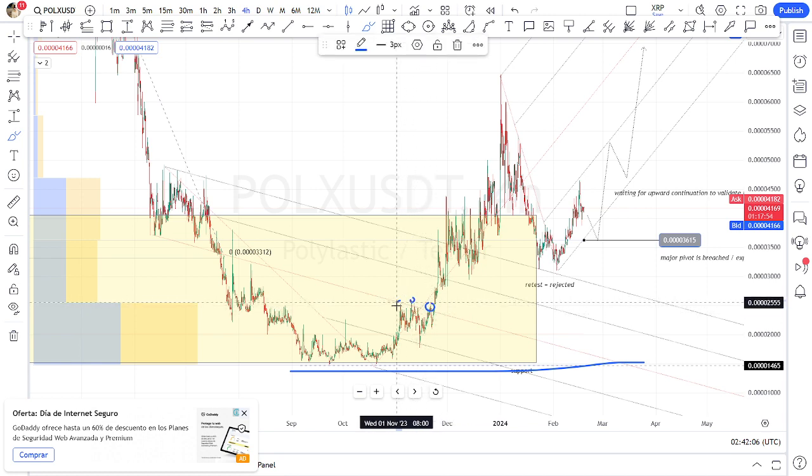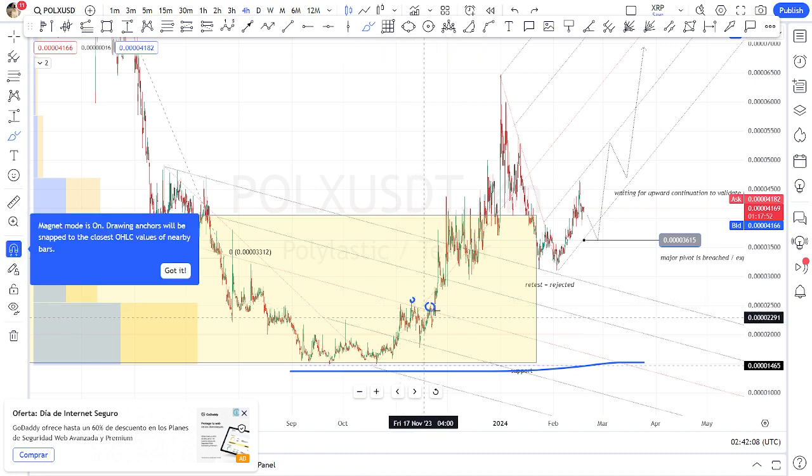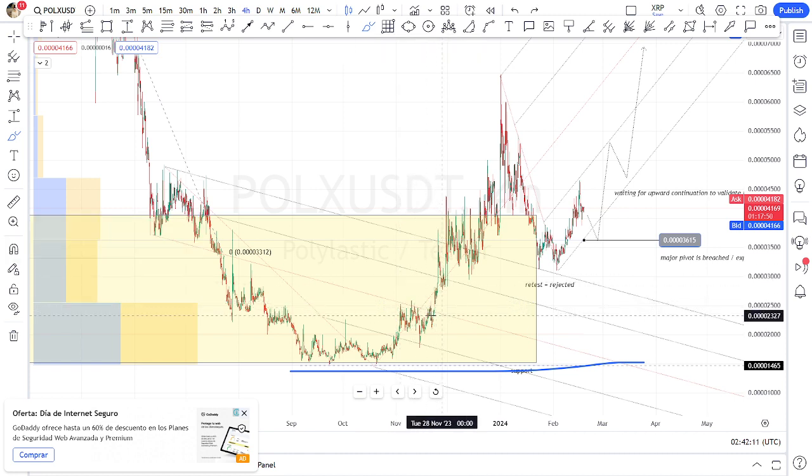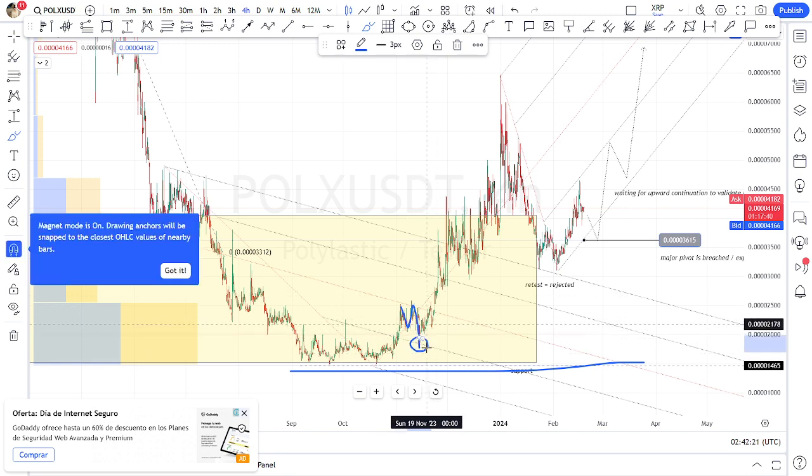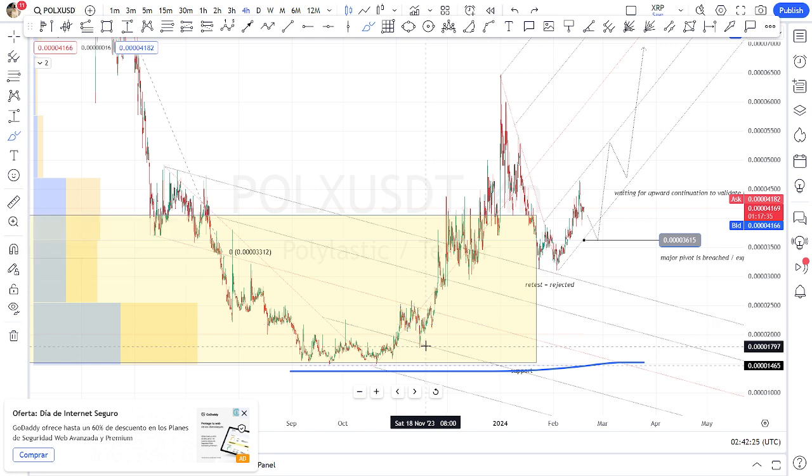There are three attempts to break the median line. They attempt it once, they drop the price, attempt it twice, they drop the price again, but it bounces on the middle, the 50% of the pitchfork support line. Then it bounced to the median line again, and then was rejected again.